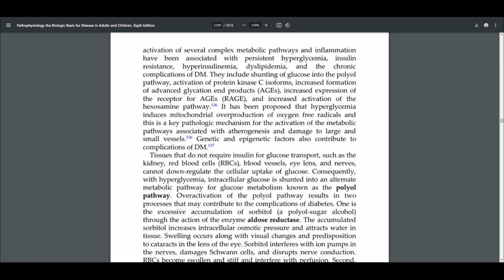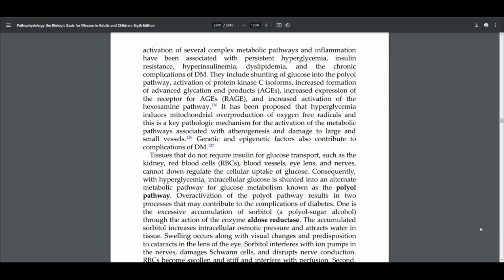It has been proposed that hyperglycemia induces mitochondrial overproduction of oxygen free radicals, and this is a key pathologic mechanism for the activation of the metabolic pathways associated with atherogenesis and damage to large and small vessels. Genetic and epigenetic factors also contribute to the complications of diabetes.